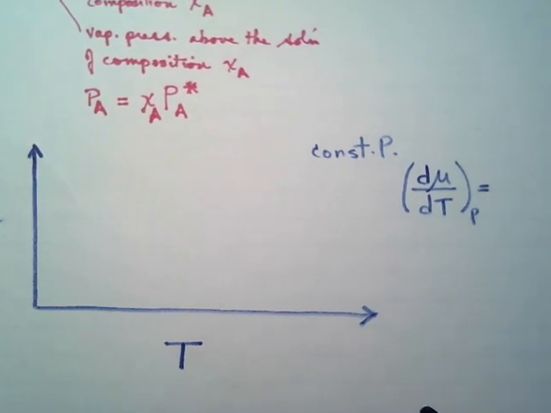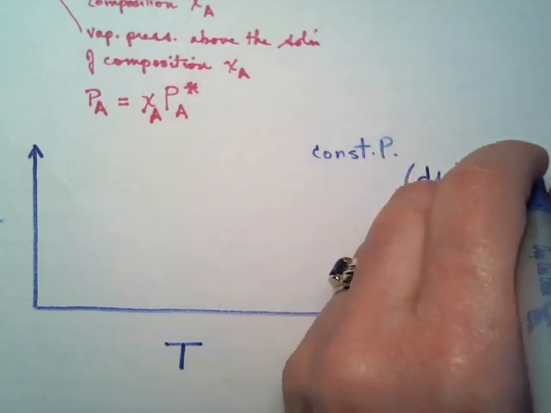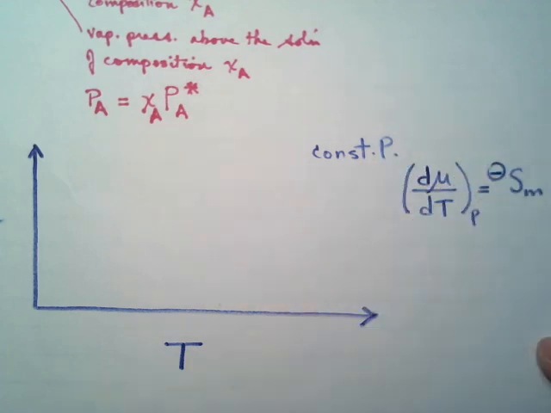Do you remember? So d mu is also the same for a pure component as the dG. Yeah, so that was the case where we started with a fundamental equation G, wrote dG, divided through by dT, constant pressure. We ended up with the molar entropy.